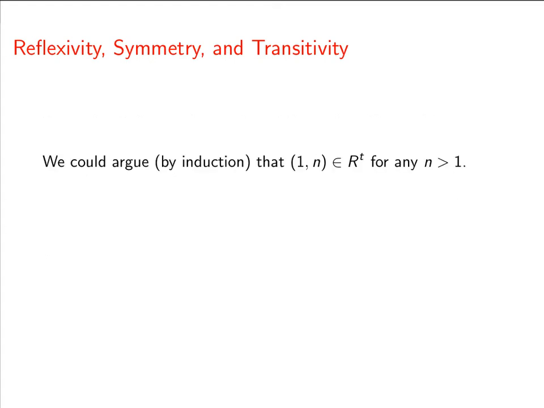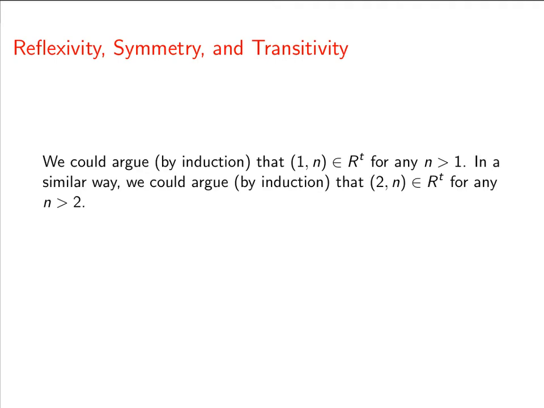So we could give a proof by induction that (1, n) has to be in the transitive closure for any n bigger than 1. And then in a similar way, we could argue by induction that (2, n) has to be in the transitive closure for any n bigger than 2.